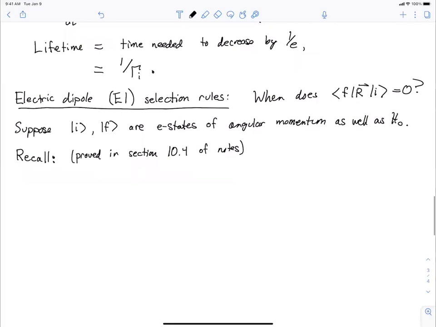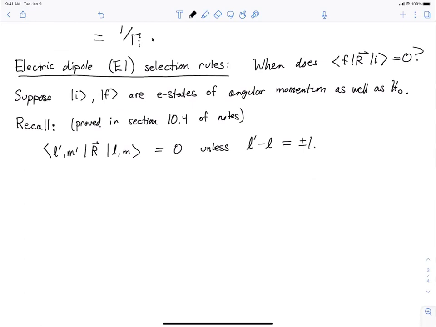If I'm calculating a matrix element of the position operator between two angular momentum states, that's 0 unless the difference in the angular momentum quantum numbers is plus or minus 1. Notice 0 won't work. It's got to be plus or minus 1, one of those two. We did that selection rule by doing a double commutator, you may remember.